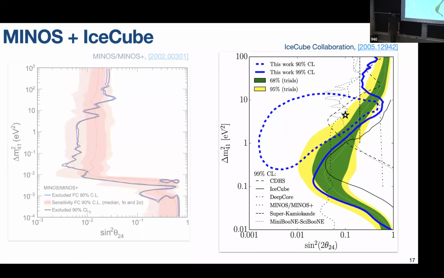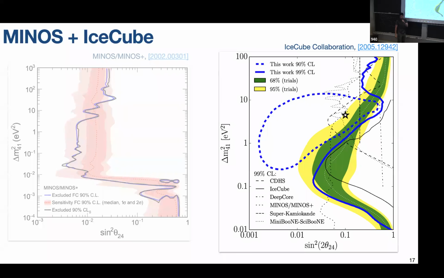IceCube, the neutrino observatory at the South Pole, also measures a whole ton of muon neutrinos, mostly produced in the atmosphere. The physics of how the sterile neutrino affects the oscillations in IceCube is a little bit more subtle because it actually has to do with the fact that muon neutrinos can interact with the Earth's matter while they travel through the entire Earth diameter of this material.